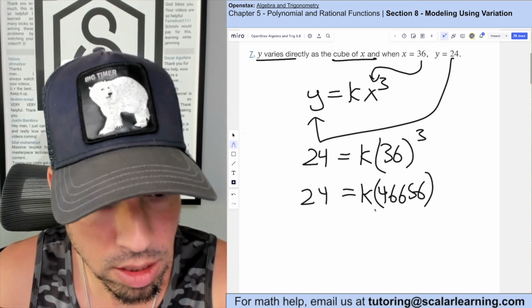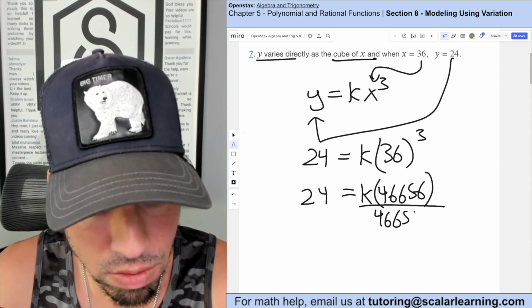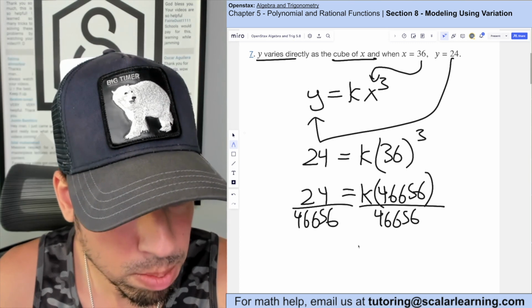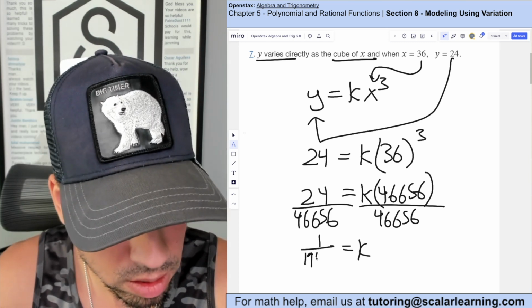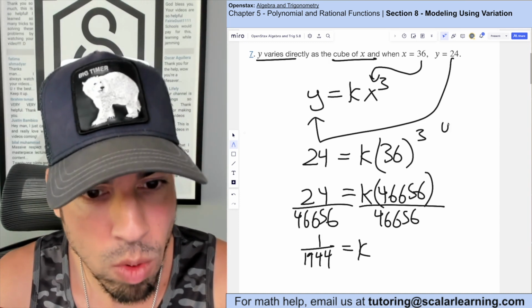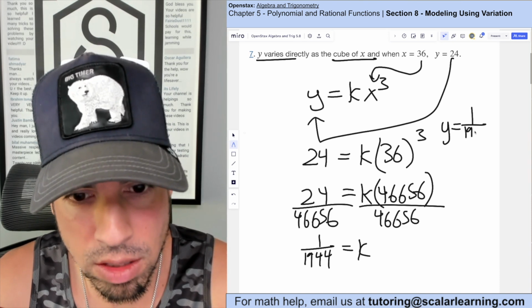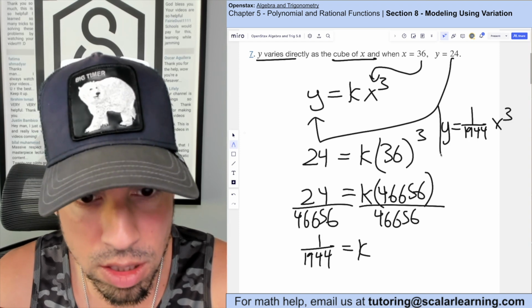It's pretty gigantic. Then to isolate for k, we're going to divide both sides by 46,656. And then when you divide the top and bottom by 24, this simplifies to k equaling 1 over 1944. So now we can rewrite this equation. We got y equals, and then I'm going to put in for k 1 over 1944, and then times that x cubed, and there's the answer.